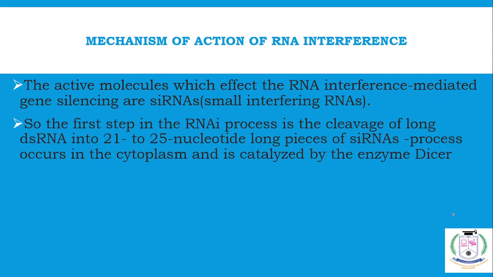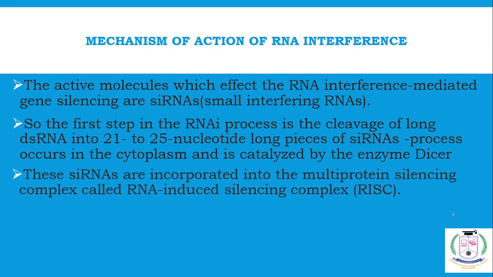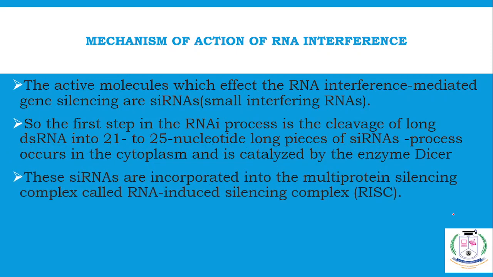The first step is the production of this siRNA by the dicer molecule, which cleaves the long double-stranded RNA into approximately 25 nucleotide small pieces of siRNA, which occurs in the cytoplasm. And these siRNA are now incorporated into the multi-protein silencing complex called the RISC, RNA-induced silencing complex.